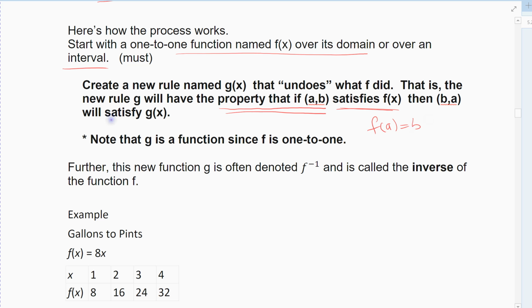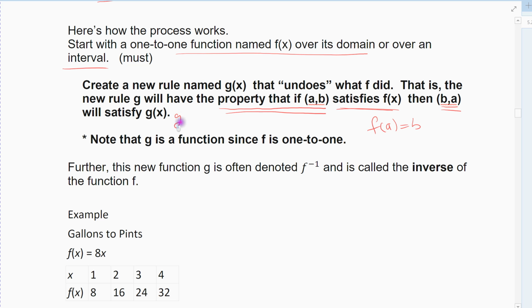the inverse will have the exact opposite point. If the original function had the point (a, b), so if I plug a in, I get b out, its inverse should have the exact opposite point, meaning it'll have the point (b, a), where x and y are interchanged.